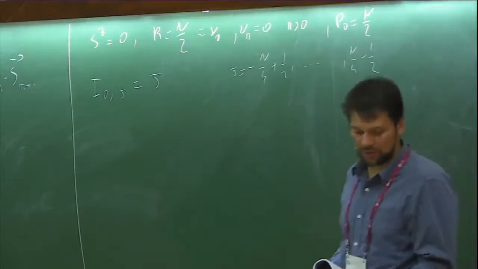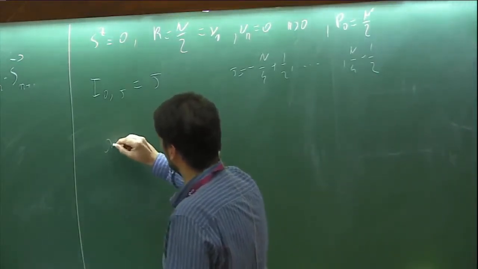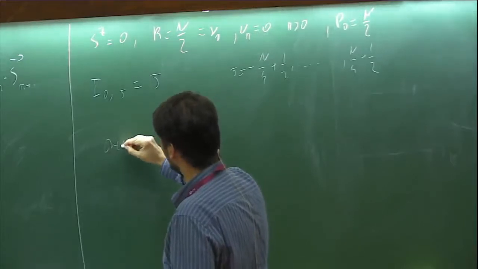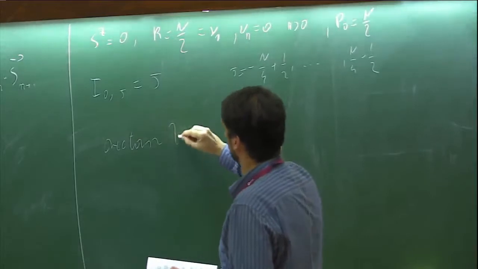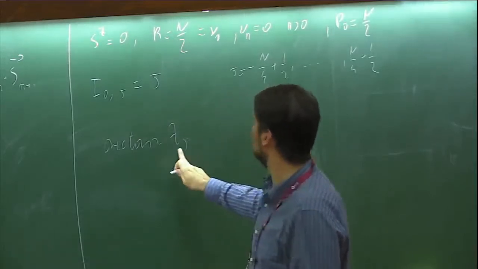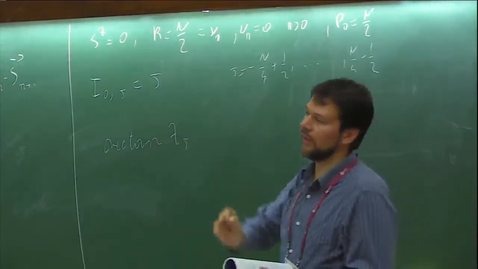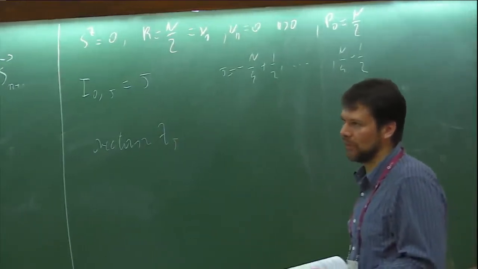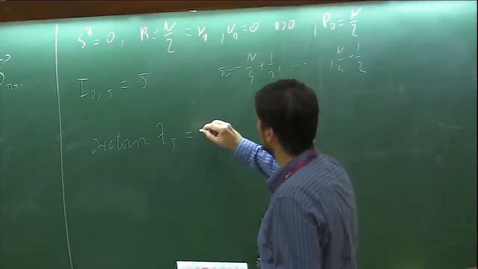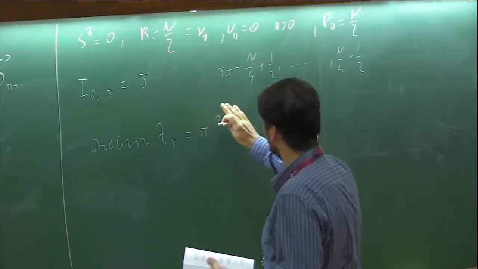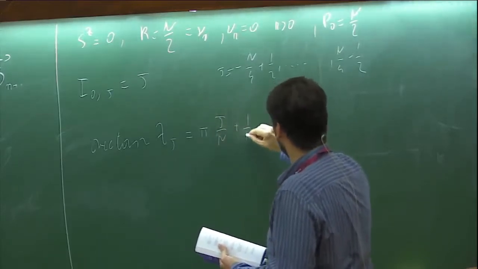And the Bethe equation for this case specializes from what I wrote yesterday to: arctangent of lambda_j, where lambda is called the rapidity, and it is a way to parameterize the quasi-momenta, so that it makes the Bethe equation translation invariant, equals pi j over n plus 1 over n.